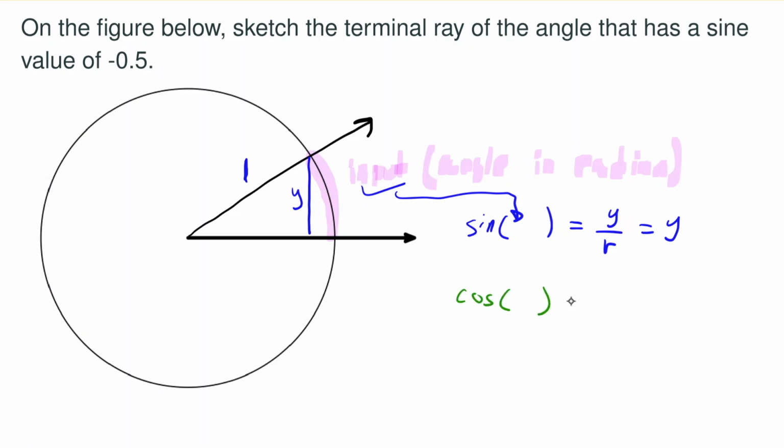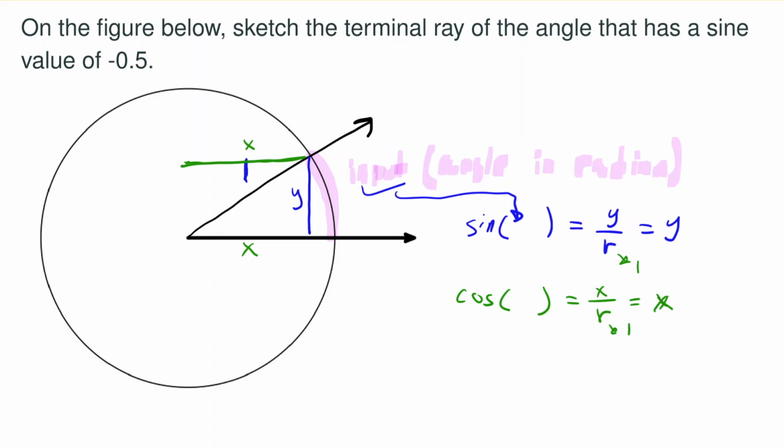If this length is x, cosine is this length divided by the radius, which for this picture is x because the radius is 1 here and here. But not always; the radius is not always 1, but in this picture it is.